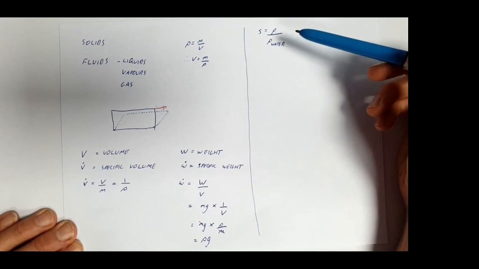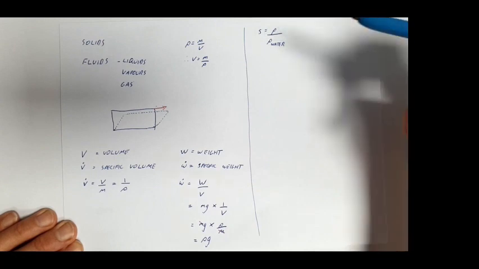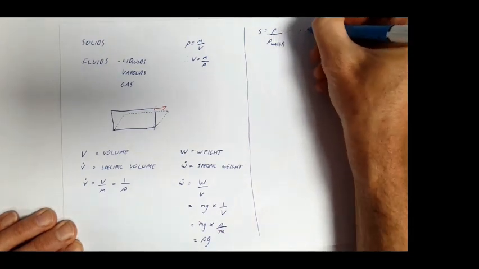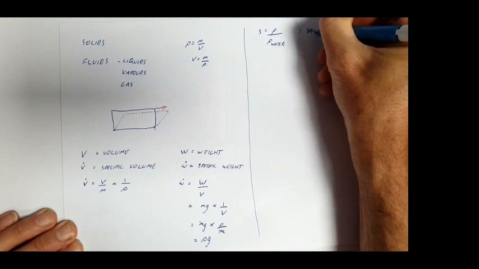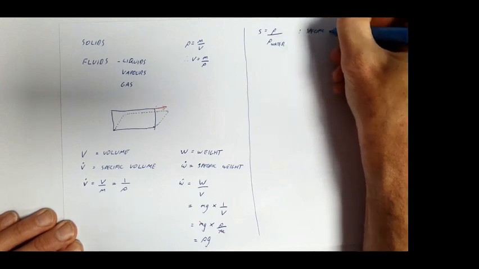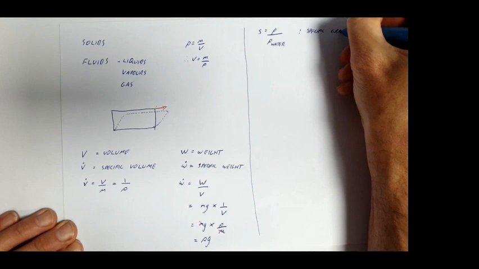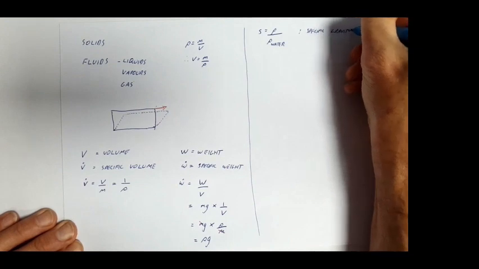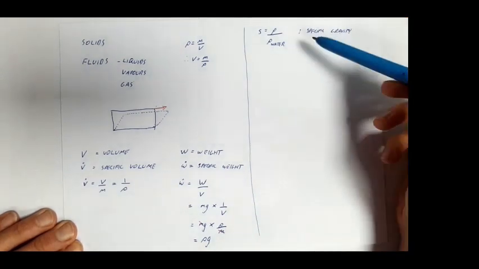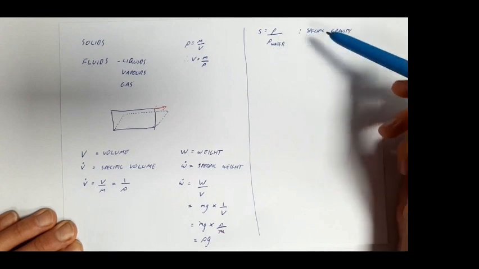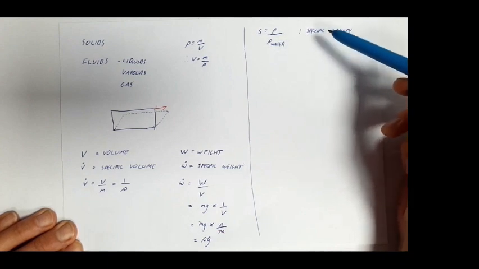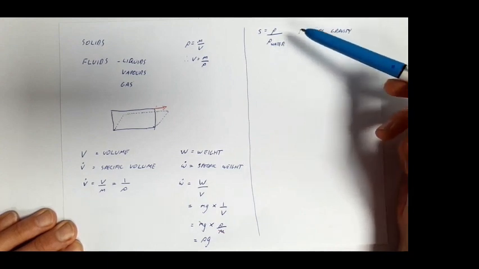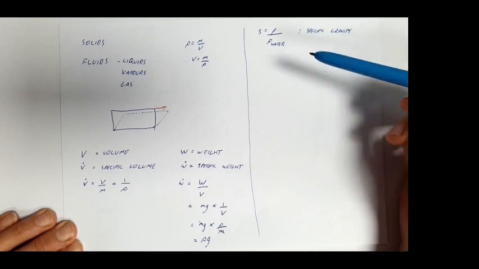So the specific gravity of something is its density relative to water. So the specific gravity of water is 1. It's 1,000 divided by 1,000.